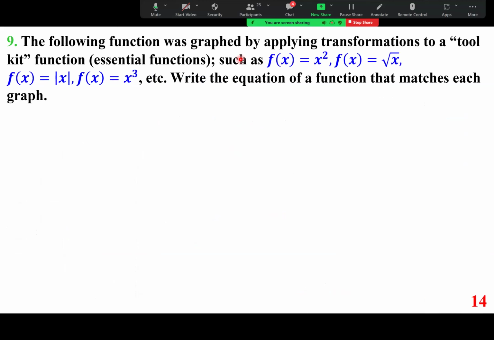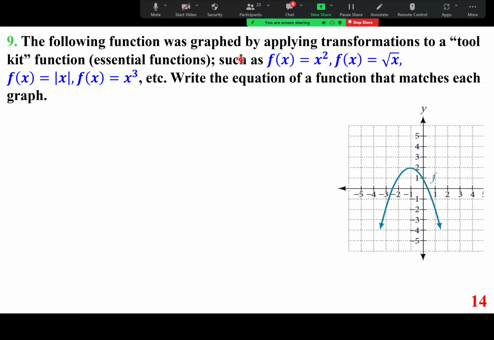The following function was graphed by applying transformation to a toolkit function, such as one of those, etc. Write the equation of a function that matches each graph.